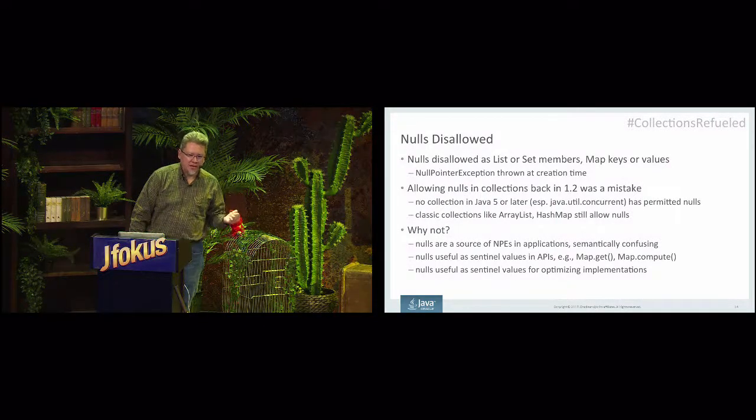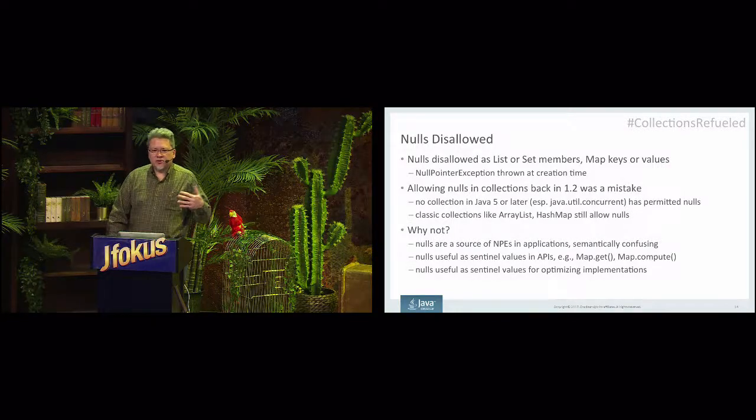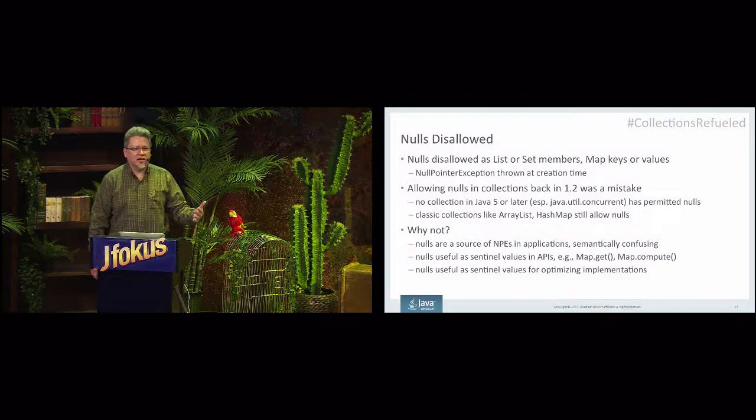Well, does that mean it's absent? Or does that mean that key actually was present but mapped to null? That's a flaw that was introduced in an otherwise perfectly fine API, except that the underlying map, like HashMap, allows null values.